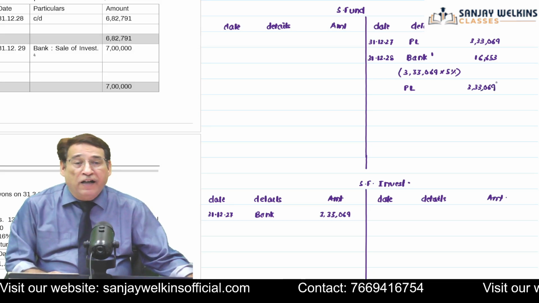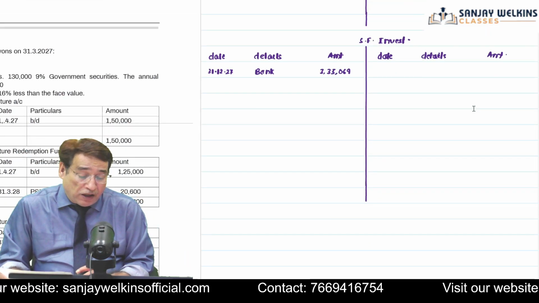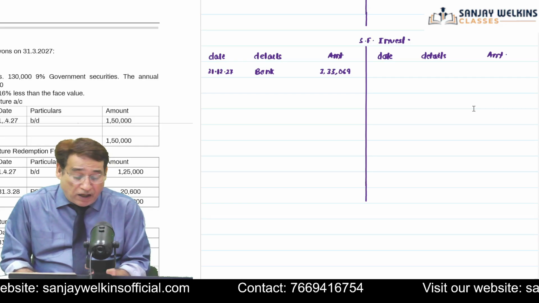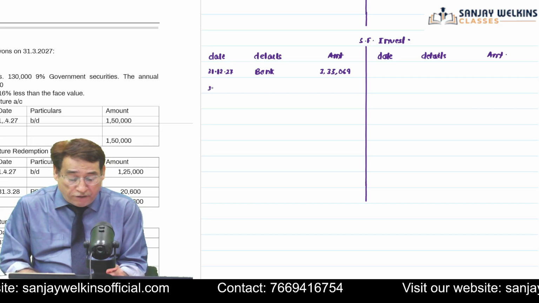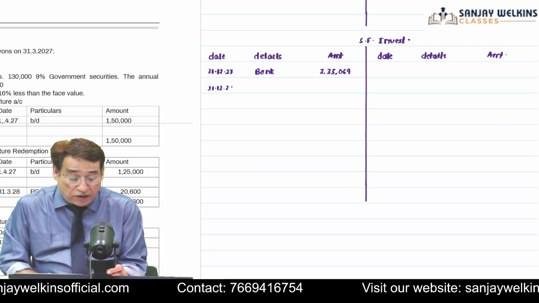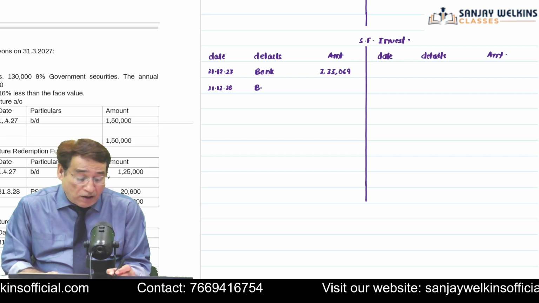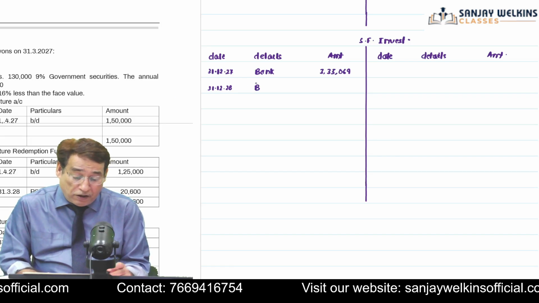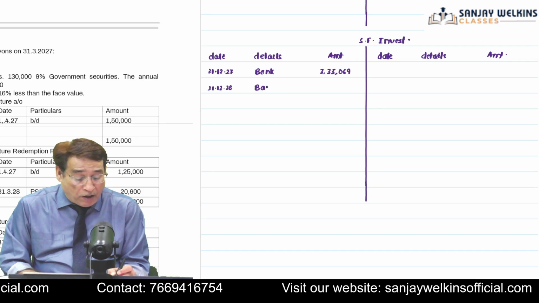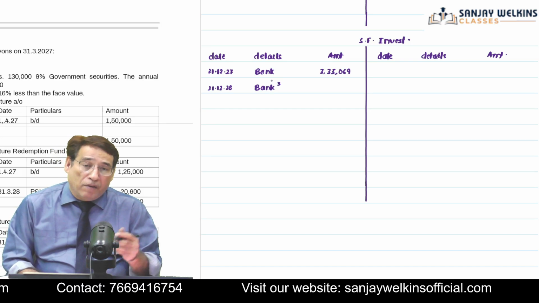But the point is how much I should invest. So if I am going to invest this particular amount, I will write here 31st of 12/2028, now, because we are into the second year. We will write here to bank, and the amount of investment will be, this is my third entry, the investment entry in the second year.